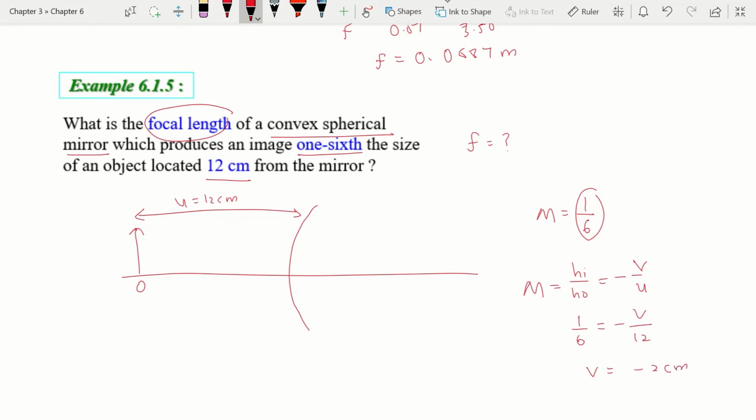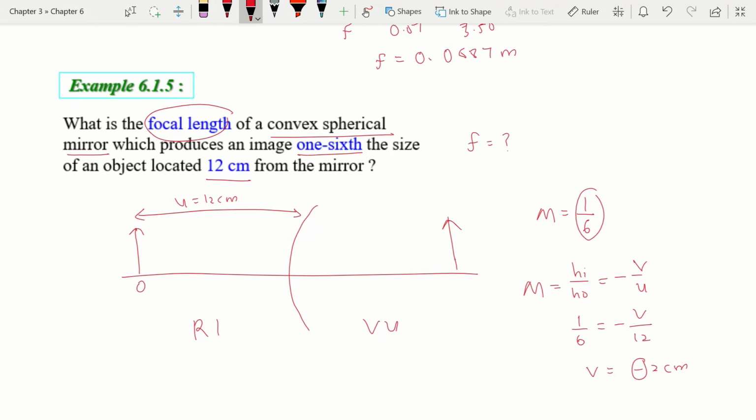When we get negative, it means the image is behind the mirror, so it is a virtual and upright image. So you get your image here.